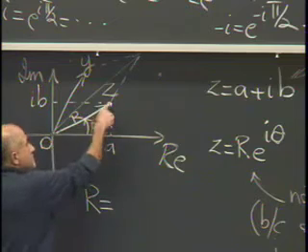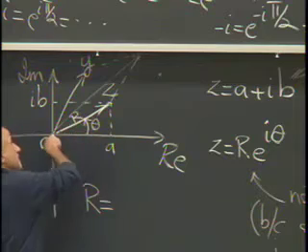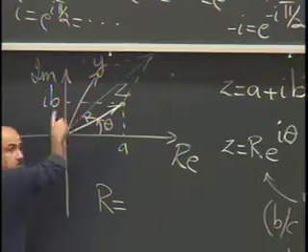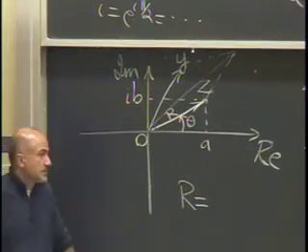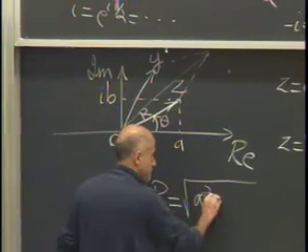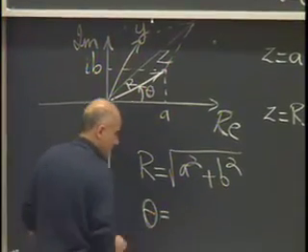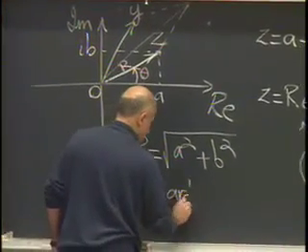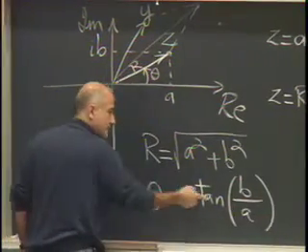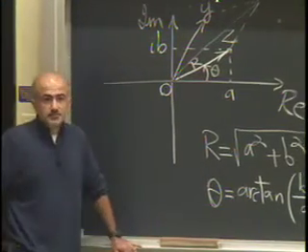The distance from the tip of this vector to the origin, if this is a and the magnitude of this distance is b, what is it? Square root of a squared plus b squared. And what about theta? Arctangent b over a. And to the extent that arctangent has ambiguity, your theta has the ambiguity. Okay?